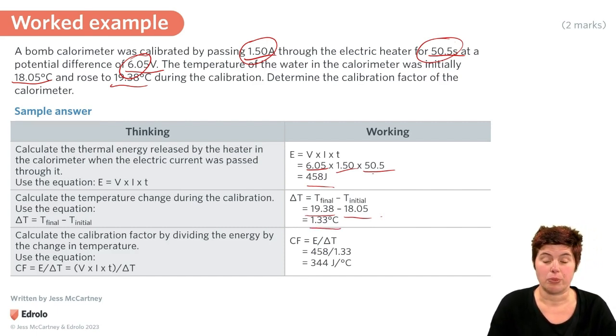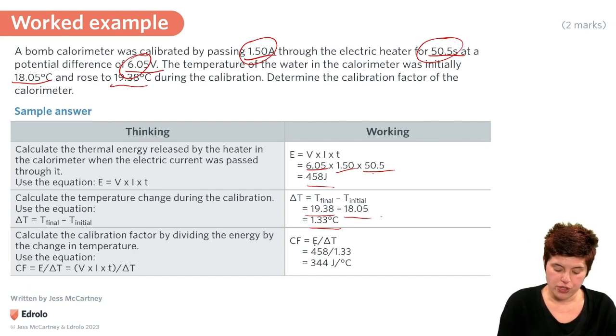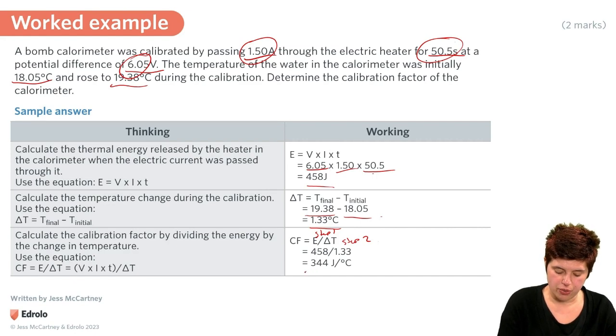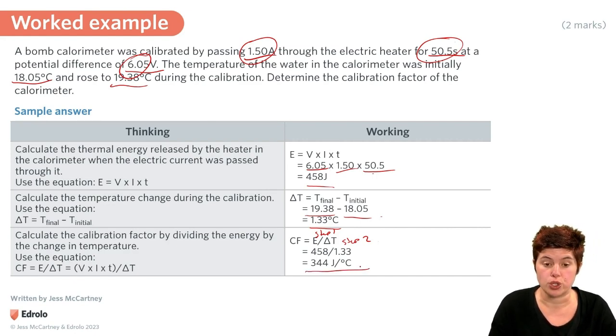To calculate the calibration factor, we're going to do the energy, which is found in step 1, divided by the temperature change found in step 2. So that is 458 divided by 1.33. And that gives us 344 joules per degrees Celsius.